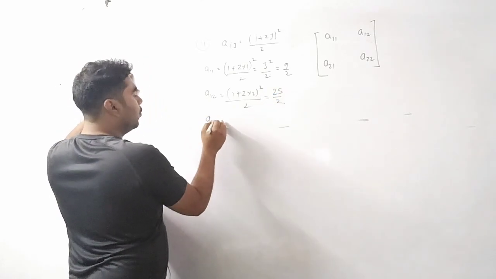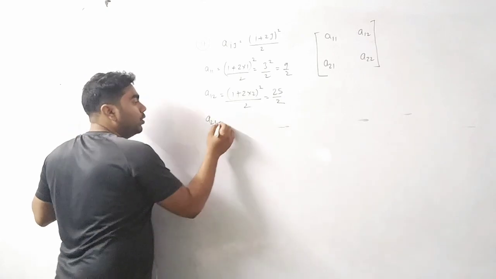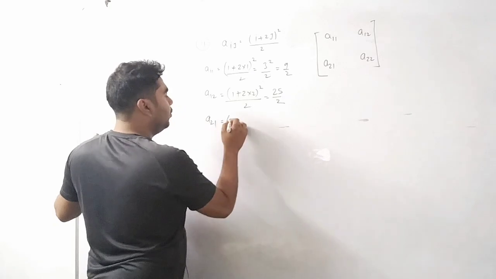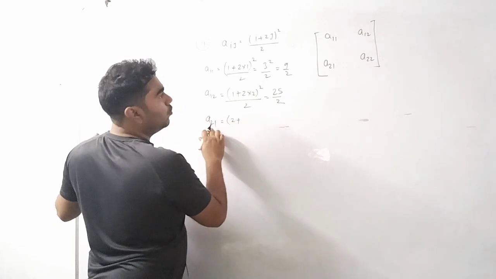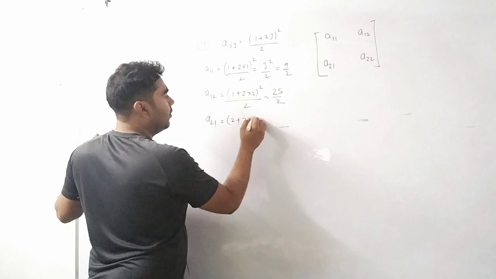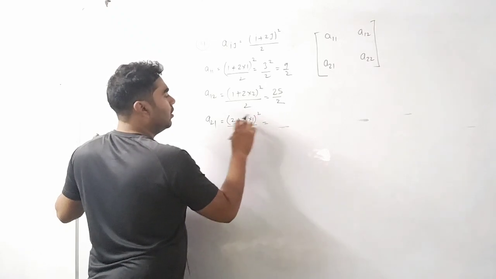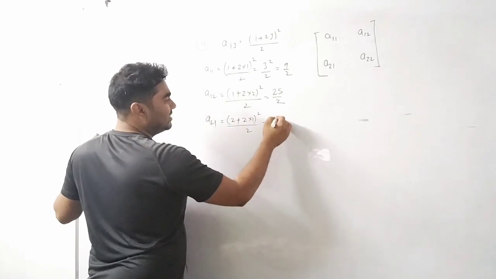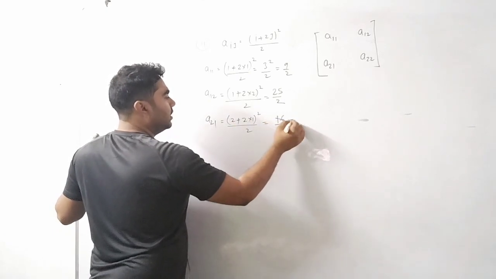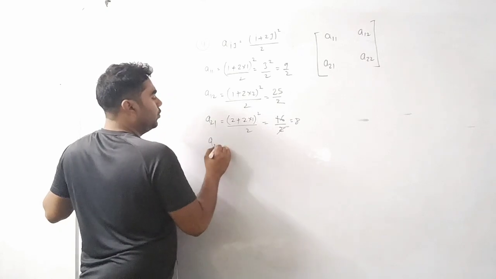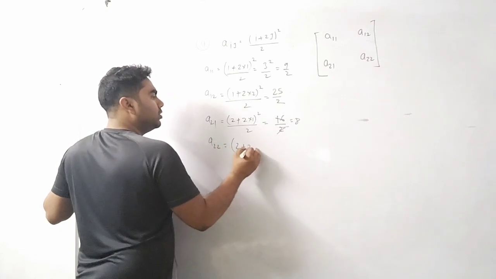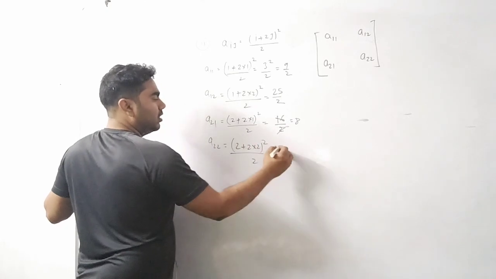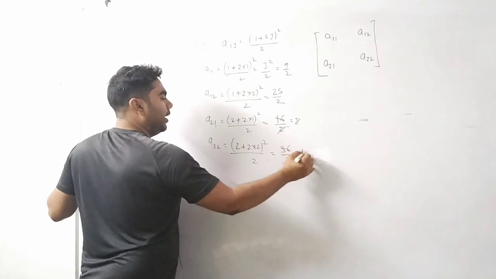Moving further with the second row, A21, where the value of i is 2 and j is 1, we get 2 plus 2, 4 squared, 16 upon 2 gives 8. A22: (2 plus 2 into 2) whole squared upon 2, 4 plus 2, 6 squared, 36 upon 2, 18.